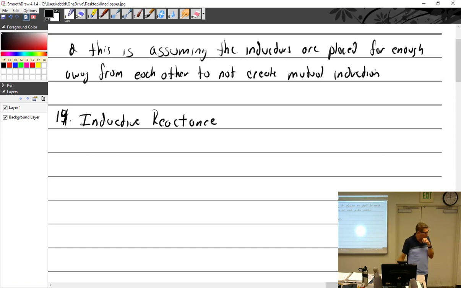With resistors, we're lucky because we have just resistance. We can look at the color code and measure it with an ohm meter, and there's no problem. But we have inductive reactance.